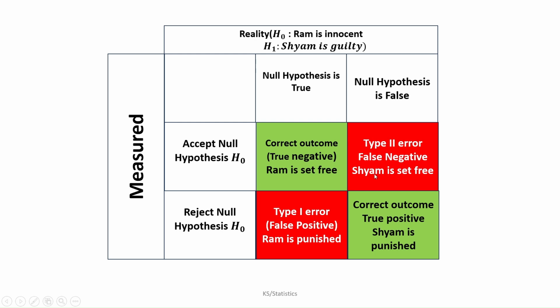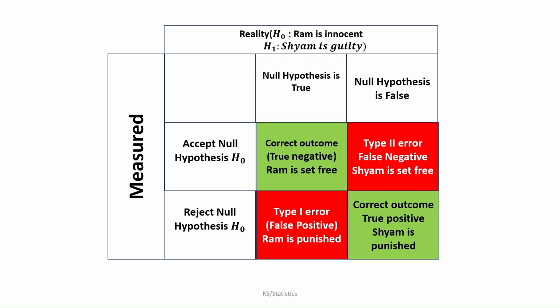Sham is guilty, but by type 2 error, Sham is set free. When null hypothesis is true and if null hypothesis is rejected, then that is type 1 error.